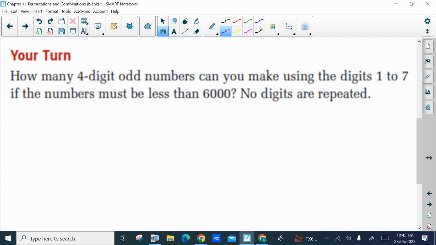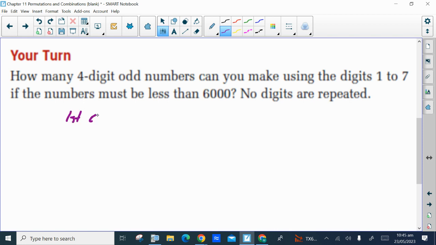The other restriction is it must be less than 6,000, which means that the first digit can either be a 1, 2, 3, 4, or 5. But if the first digit is odd, then that will take away one possibility for the last digit. If the first digit is even, though, it doesn't take away a possibility for the last. So those are the two scenarios that we have to look at.